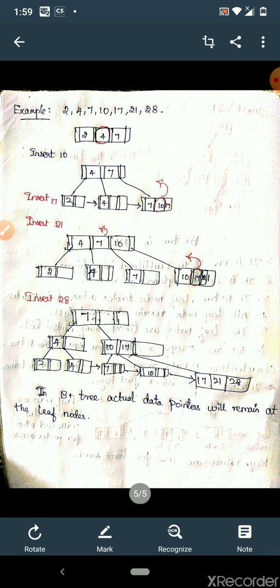The keys are 2, 4, 7, 10, 17, 21, 28. So first let me take the first three keys, 2, 4, 7. So the node is full. I'm going to do the split up. I'm going to insert 10.